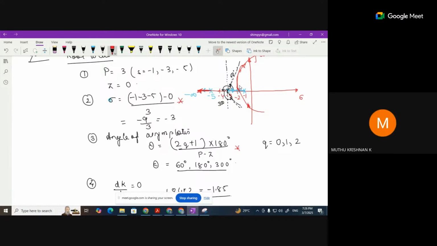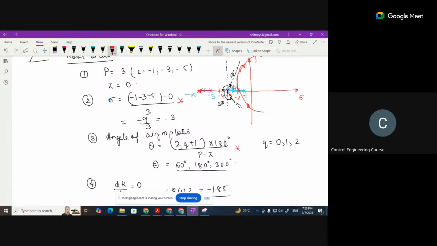From the minus 1.85 point, two curves are leaving, right? That curve can be drawn in various variations. So the angle it leaves at minus 1.85 is not 60 here, right?